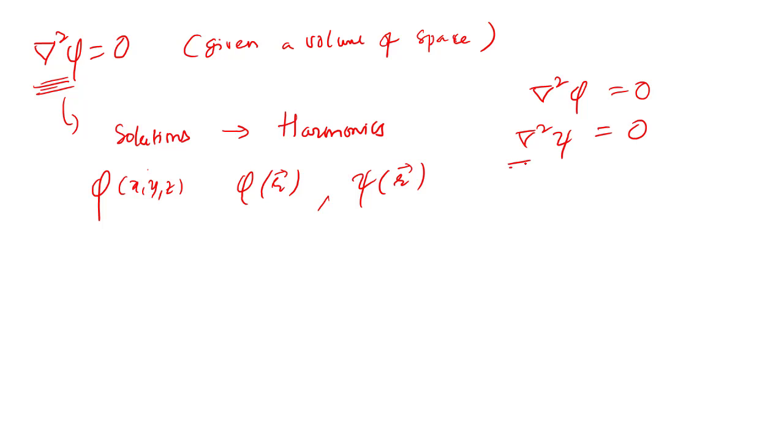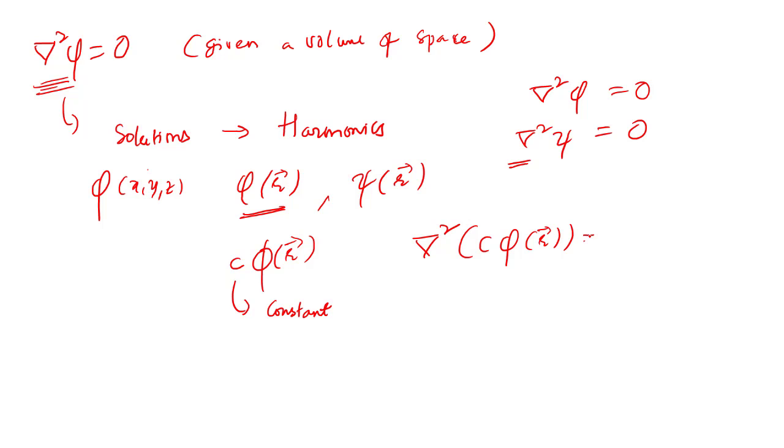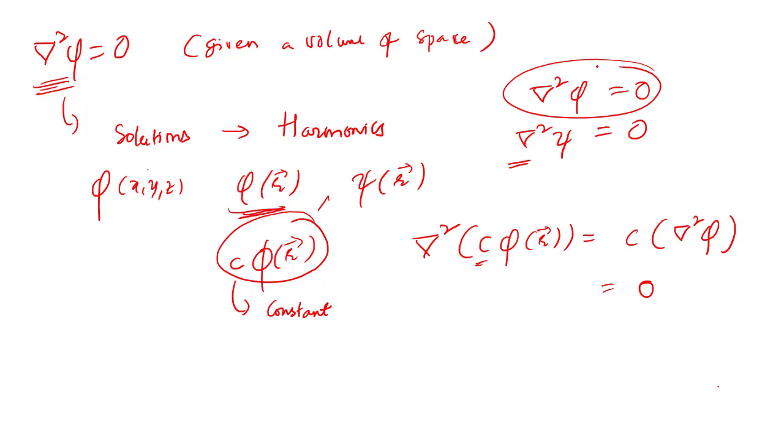Then by the nature of this del squared operator, if instead of phi of r I had c times phi of r, where c is a constant, then del squared of c phi of r is equal to c, which is just a constant so you can pull it out, times del squared phi, which is still 0. So if phi of r is a solution to Laplace's equation, then a constant times phi of r is also a solution.